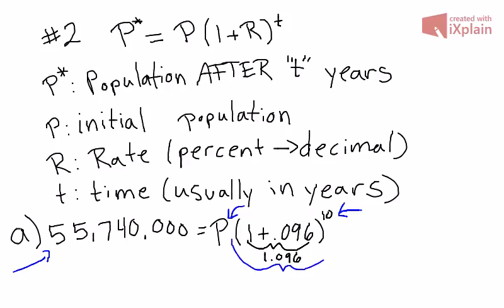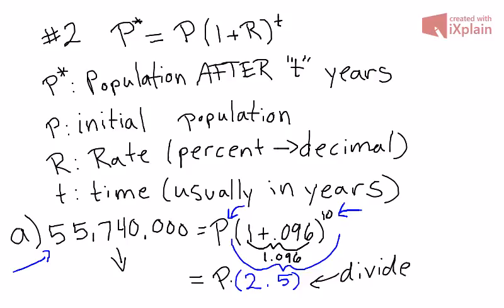How many Hispanic Americans were living in 2000, and it gave us the number for 2010. So we want to go ahead and plug in 10 years, because there's 10 years from 2000 till 2010. Okay, so we're just kind of plugging in all the different values where they match up in this formula.